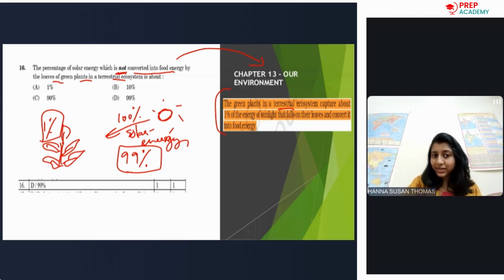The rest, 99 percent, is lost, right? So the percentage of solar energy which is not converted will be 99 percent, because out of 100 percent of solar energy which the plants are getting, they only utilize 1 percent. The rest is lost or wasted. So the answer will be 99 percent. Option D will be our answer.